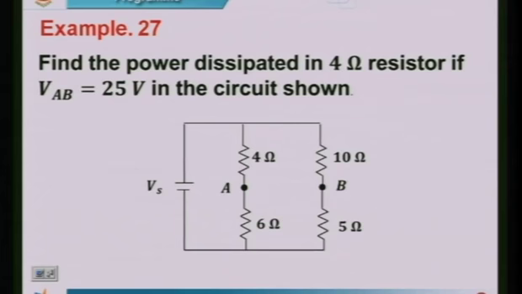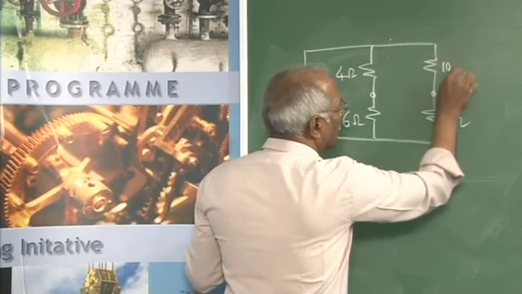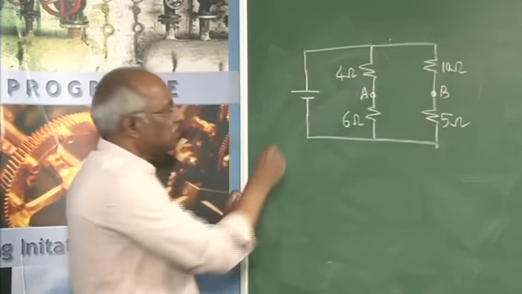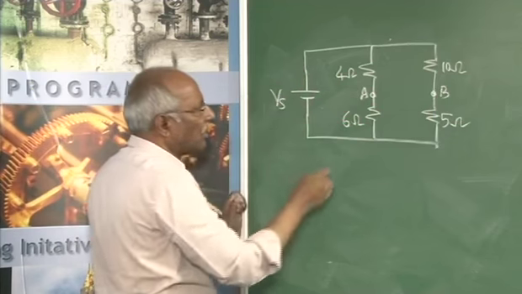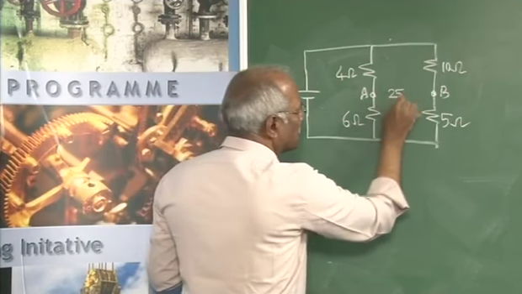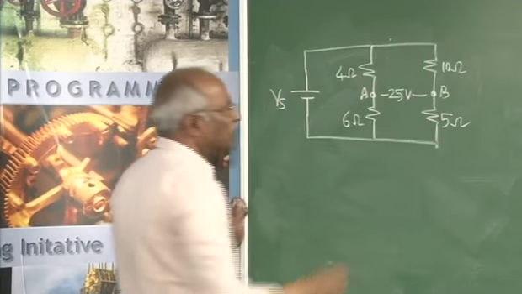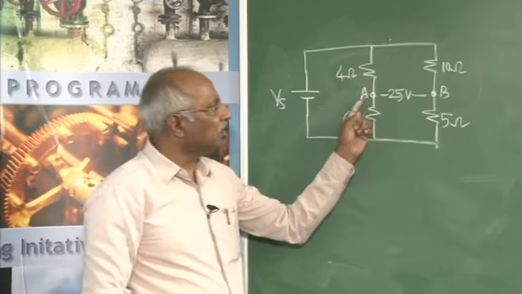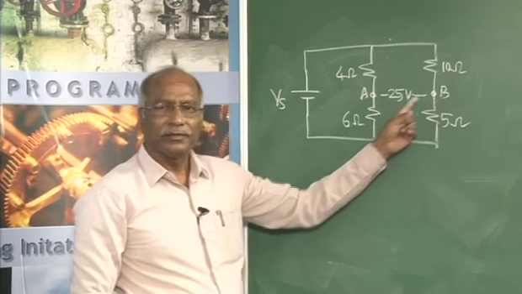This is 6 ohm, 5 ohm, 10 ohm. This is B and this is A. This is Vs. The voltage across this is given as 25 volt. VAB is nothing but 25 volts. VAB means A is at a higher potential compared to B.